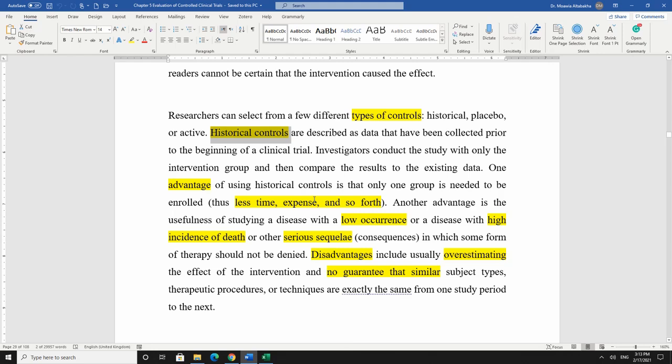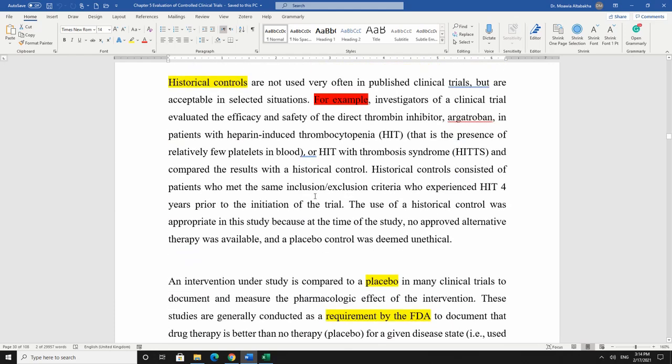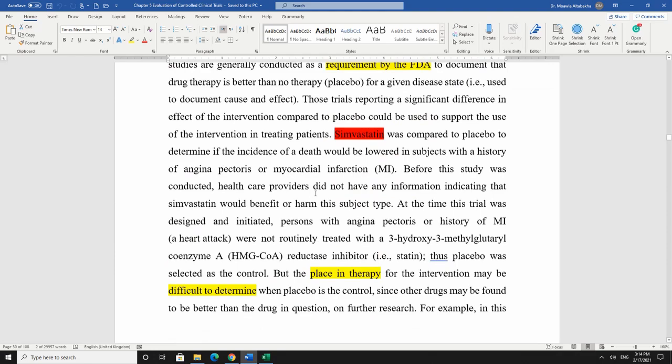Also, usually the results are overestimating the effect of intervention. So it can be acceptable, yes, but you have to be careful about that.